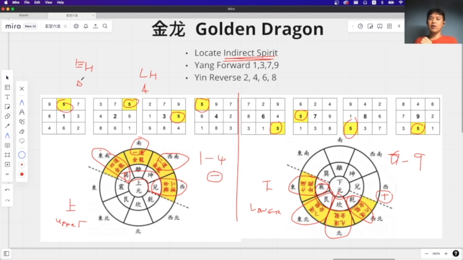体用, okay, 体 and 用. So let's say for example period 1 golden dragon is Li Gua. Li Gua, in Early Heaven, is actually Qian. This is indirect, and the opposite here is actually the direct spirit.